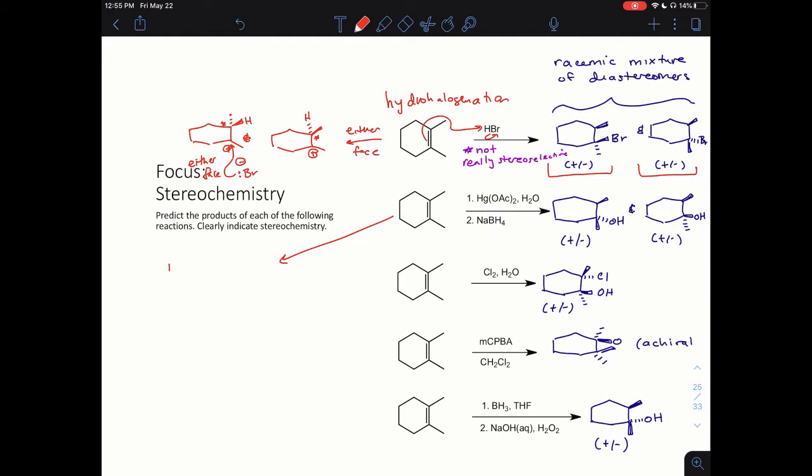So in the first step, we added mercury to either face of the alkene. Okay, so you can have this, and you can have mercury on the bottom face. And this is so fun, let's just draw it out. Why not, right? All right, methyl's up, mercury is down. Oh, yeah, okay. All right, so we can have mercury on either face.